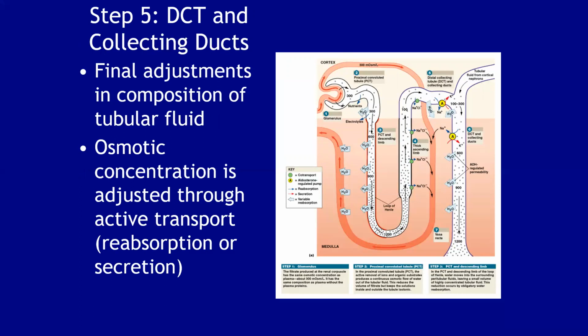When we get to the distal convoluted tubules and the collecting ducts that you're seeing here, the final adjustments are being made in the tubular fluid. So water could be leaving because of aldosterone, sodium is coming out, potassium is coming in. So the osmotic concentration is adjusted through active transport, either reabsorption or secretion. So you can see the water coming out.